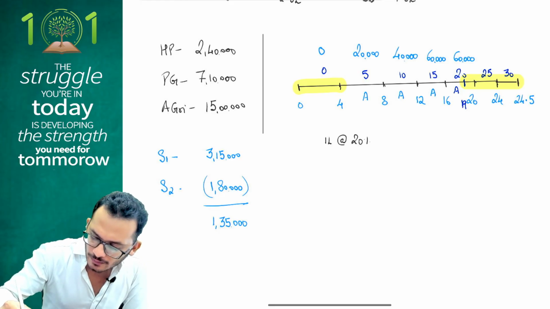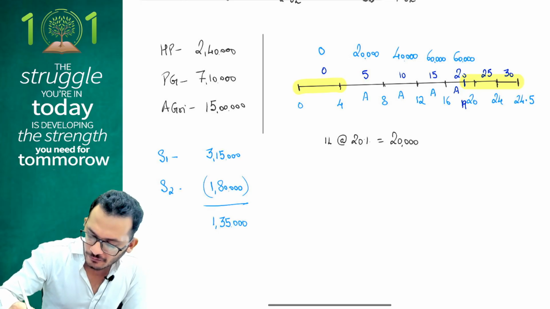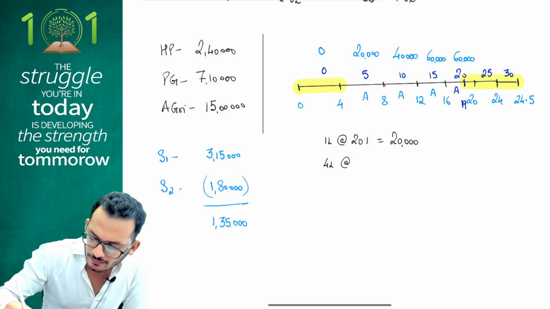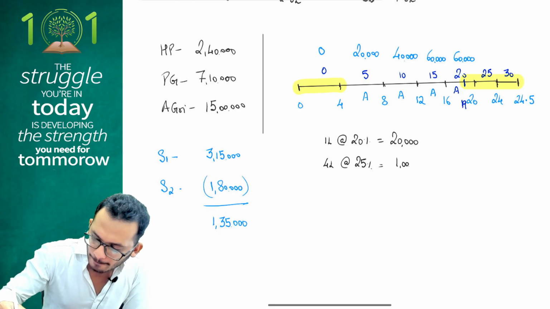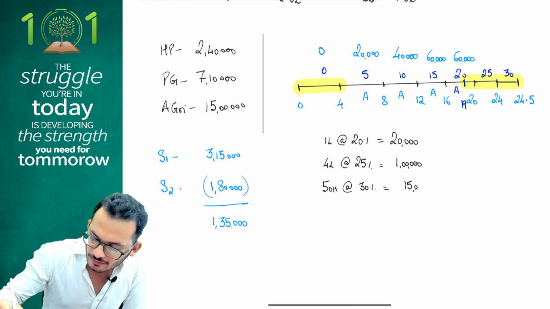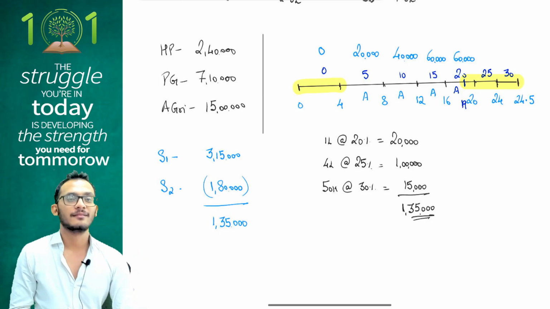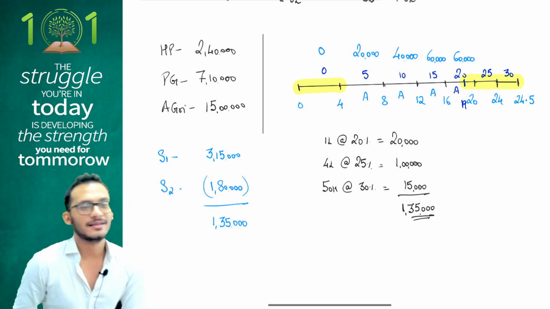Number is 20,000. 4 lakhs taxing at the rate of 25%. Number is 1 lakh. 50,000 taxable at the rate of 30%. Total किया तो आ गया. Correct? Yes or no? Yes.